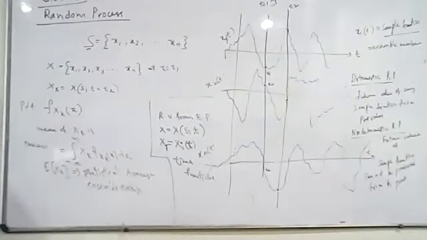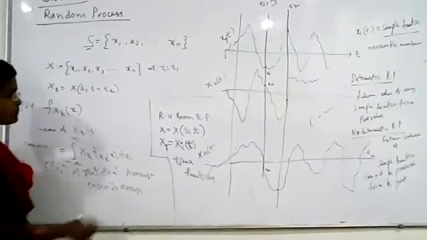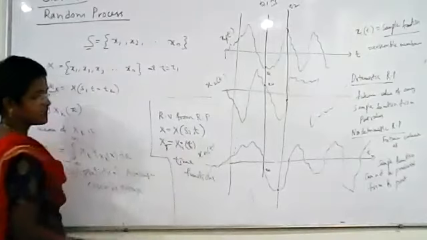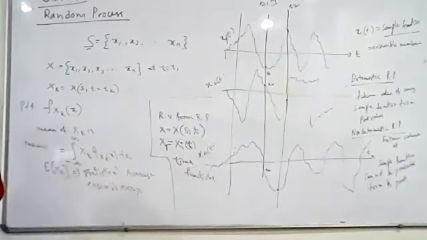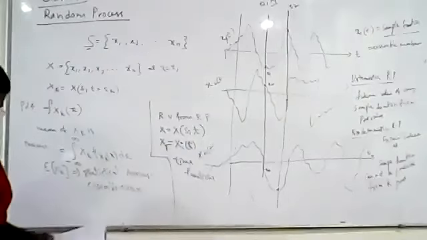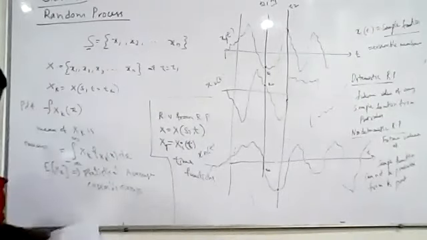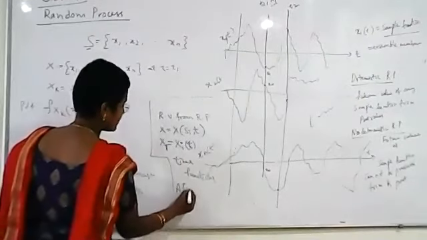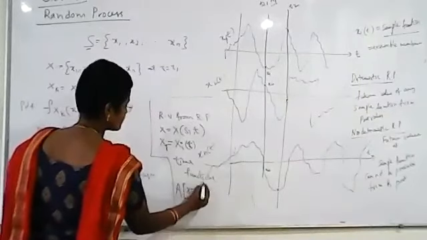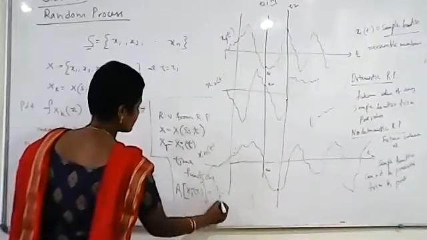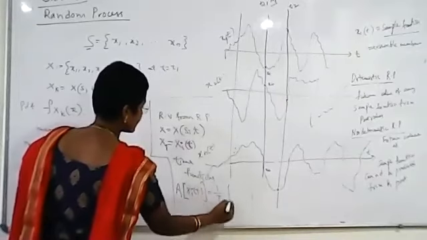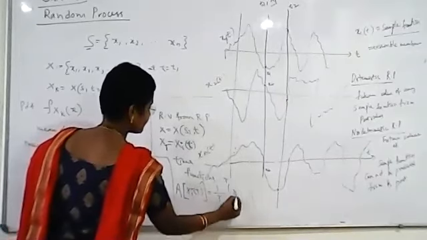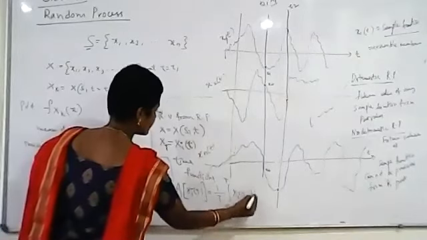Now, for time functions, the sample space is fixed and time is varying. If you find the average of a time function, you are finding the average over time. It is given by A of xi of t equal to 1 by T times the integral from 0 to T of xi of t.